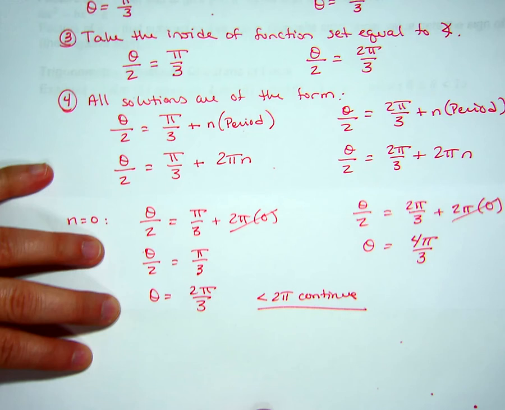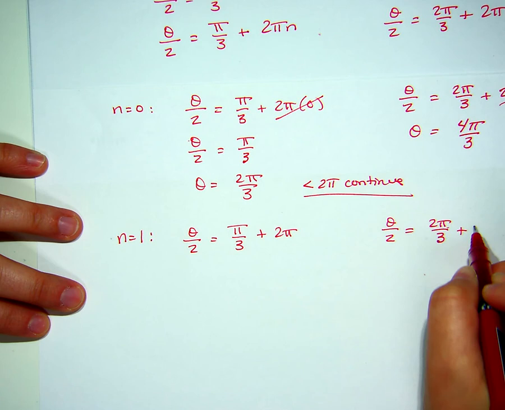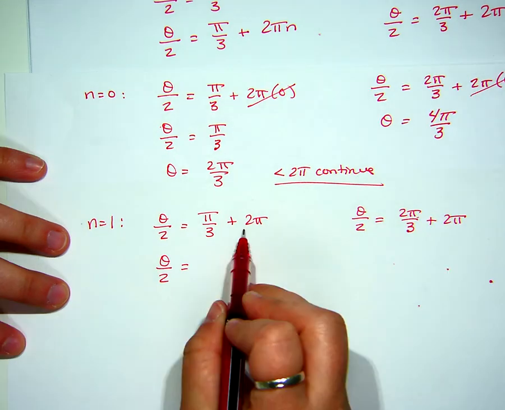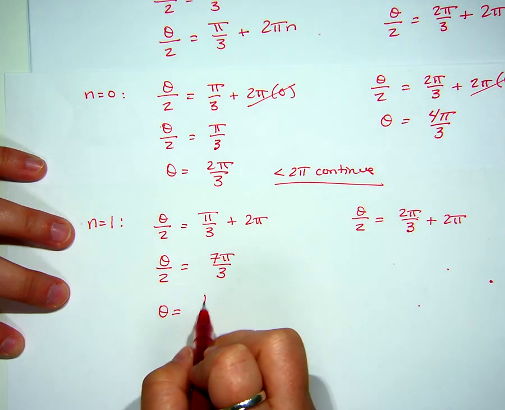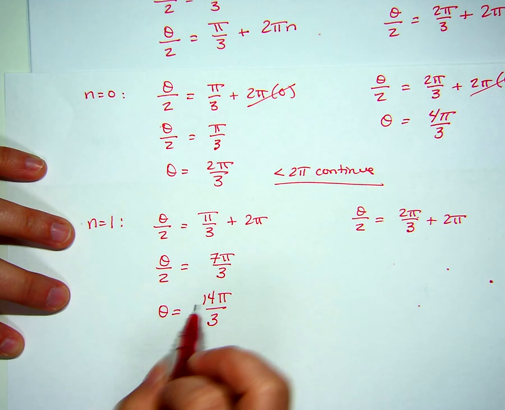Alright, let's let n be 1. If n is 1, I have theta over 2 equals pi over 3 plus 2 pi times 1, and theta over 2 equals 2 pi over 3 plus 2 pi times 1. Well, I've got theta over 2 equals 7 pi over 3. Theta equals 14 pi over 3. 3 goes into 14 how many full times? 4 full times and 2 left over.